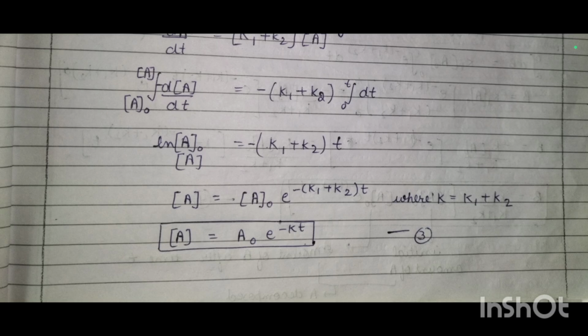So the concentration of A is equal to [A naught] e to the power minus (k1 plus k2) t, that is, [A] is equal to [A naught] e to the power minus kt, where k is equal to k1 plus k2.